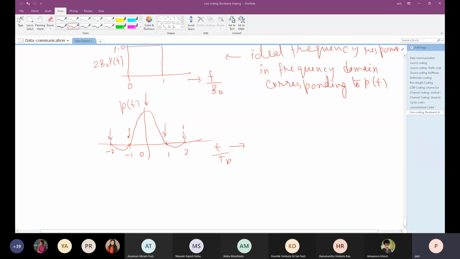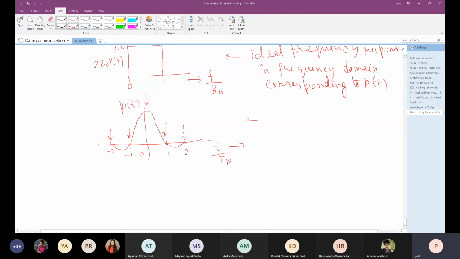Corresponding to the various signaling schemes that we have seen, PT will be modulated by AK, where AK is +1 or -1 for various kinds of schemes. So therefore, there will be either PT or no PT, and we have to recognize whether PT is there.